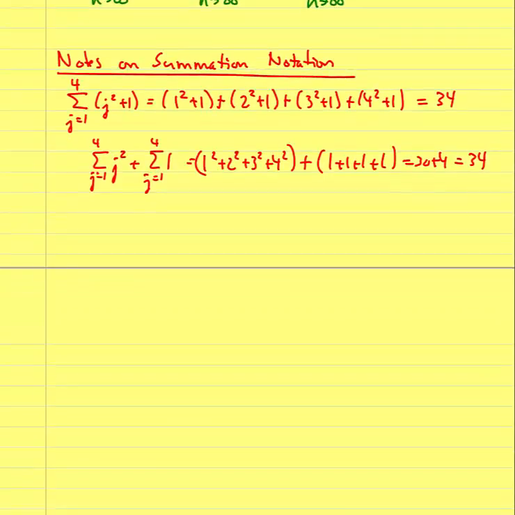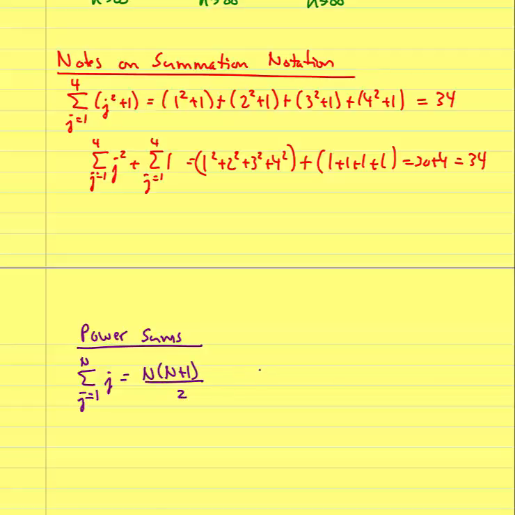We also have some power sums, they're called. They're kind of some shortcut formulas. So one of the shortcut formulas I have is the sum from j equal 1 to N, and I'll use a cap N to be consistent with the formula here, of j is N times N plus 1 all over 2.